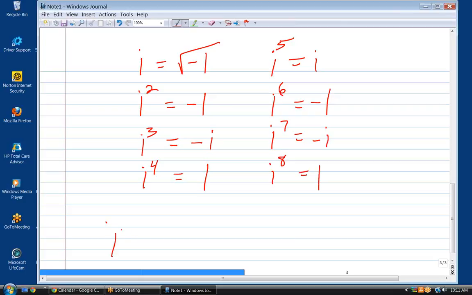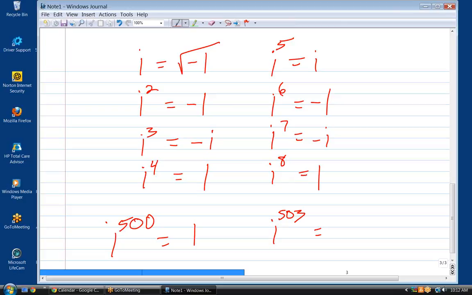So what is i to the 500th power equal to? Is it divisible by 4? Yeah. Then it's 1. Okay. i to the 503rd power would be what?